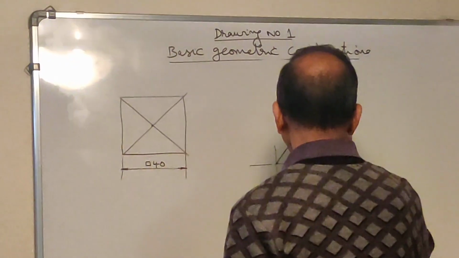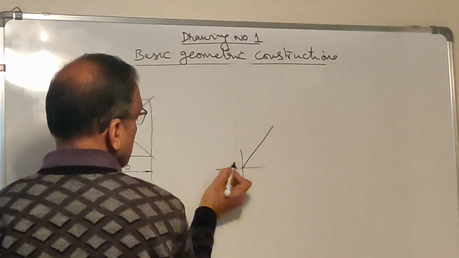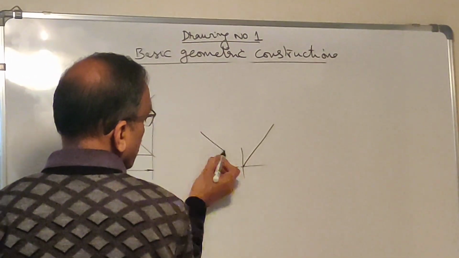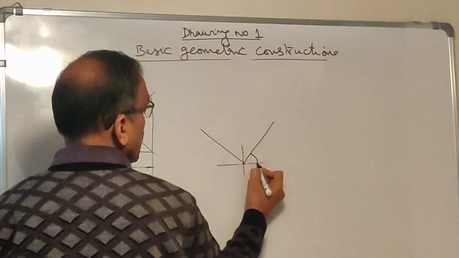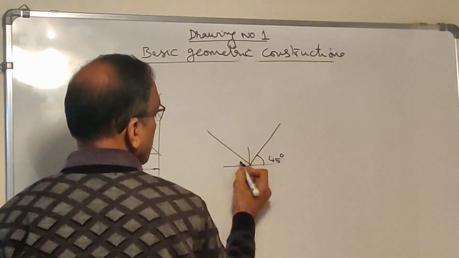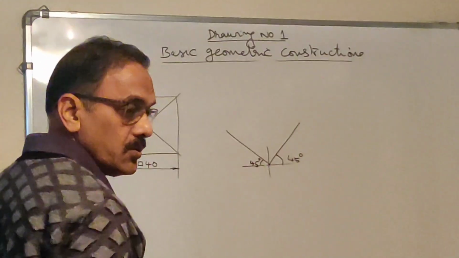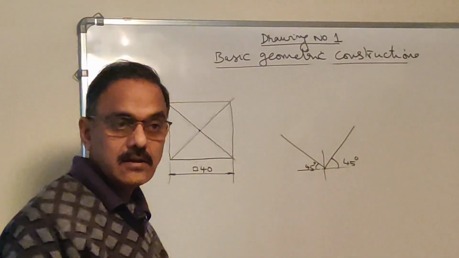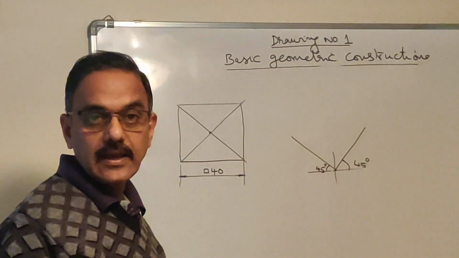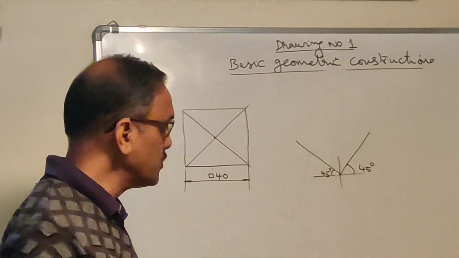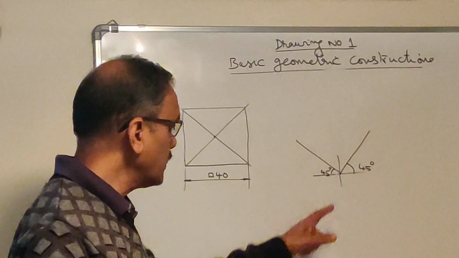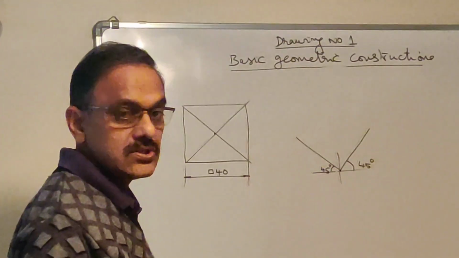So this is inclined at 45. This is also inclined at 45. So these two angles are 45 each. So this you can do. You have to use a protractor, a pencil and a scale as well. Using those two instruments you can get these two lines. Then you measure these two 40 each.